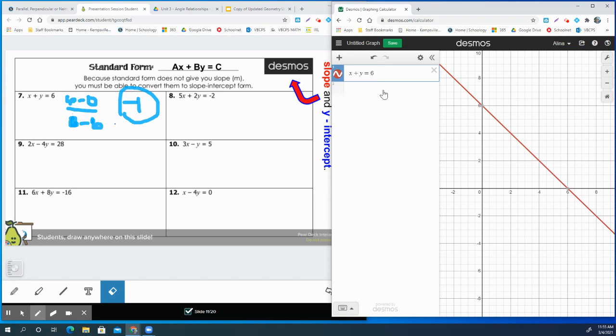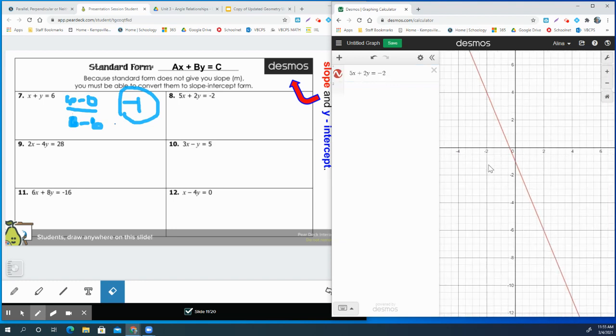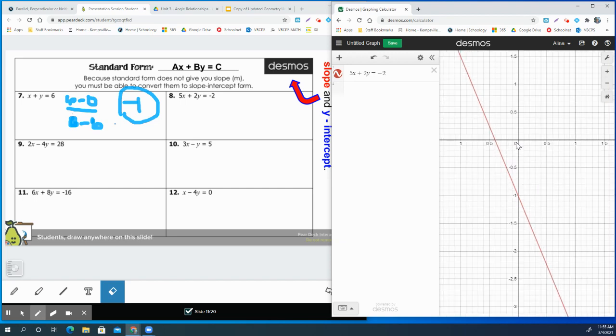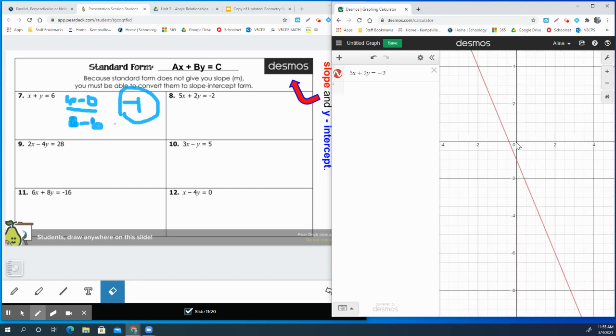Okay. So let's back this out, and we'll just type it. So 5x plus 2y equals -2. I won't show you any Desmos that you won't have on the SOL. So here we need to find some good points, and sometimes that's the hardest thing.